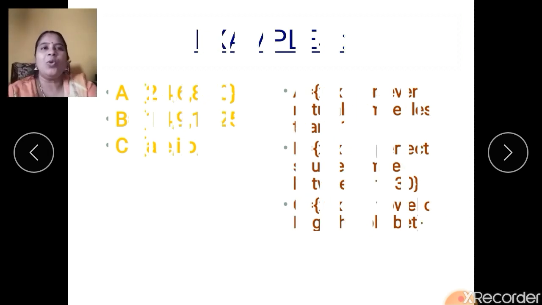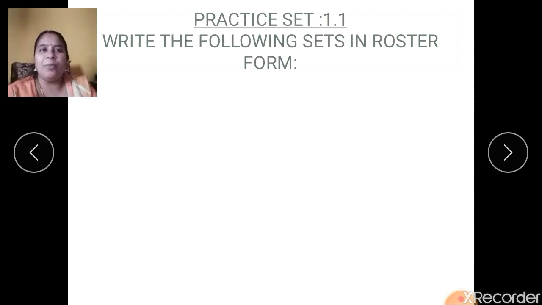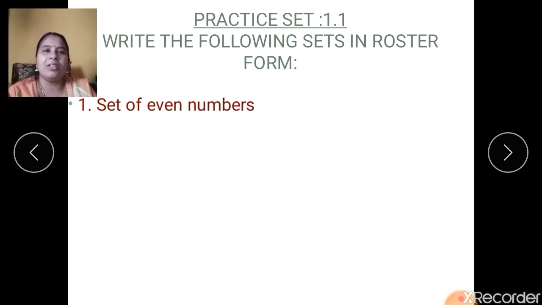Let us go to the next concept, that is our practice set 1.1. See the first question. Write the following sets in roster form. Okay. Roster form means the listing method. Set of even numbers. Only this is given. Now what? Even numbers, we know that it is 2, 4, 6, 8 and so on.